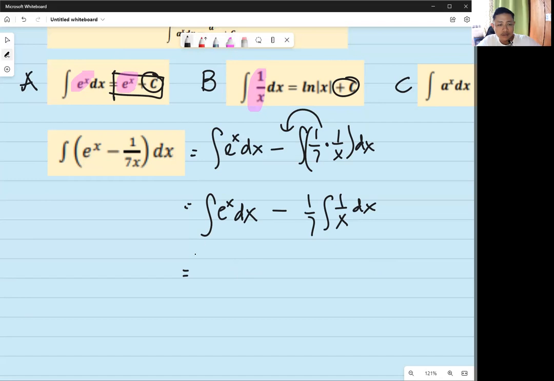So we'll just copy it: e raised to x. And we're done. The plus c will be on the waiting list until the end. Let's move on. Minus 1 over 7 is a waiting coefficient, because it's outside. And then we will get the integration of 1 over x dx by using this.